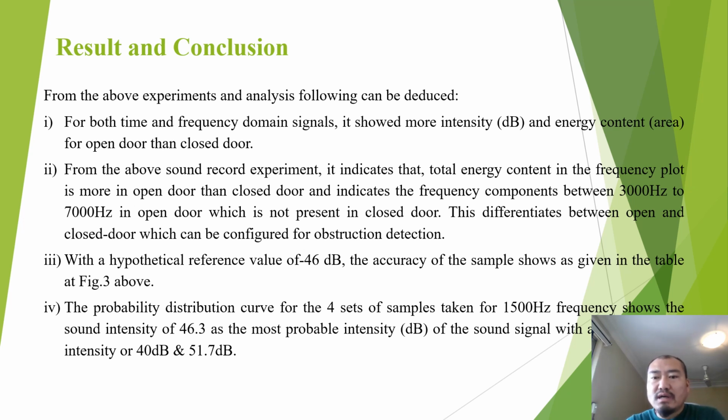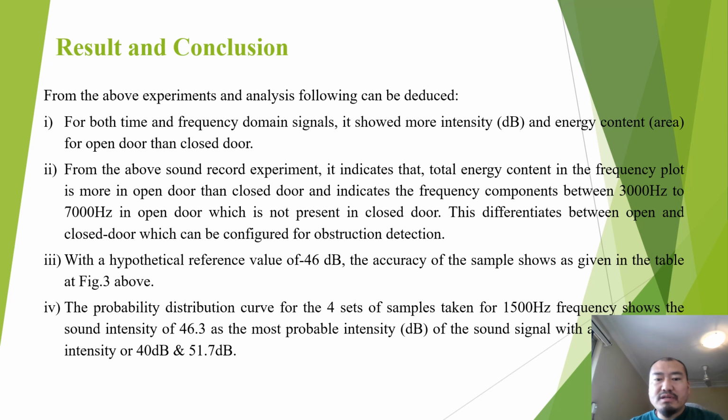So these can be used for configuration of the obstruction detection. With a hypothetical reference value of negative 46 dB, we can also see the accuracy of the samples in the table given at figure number 4, figure number 3 above.